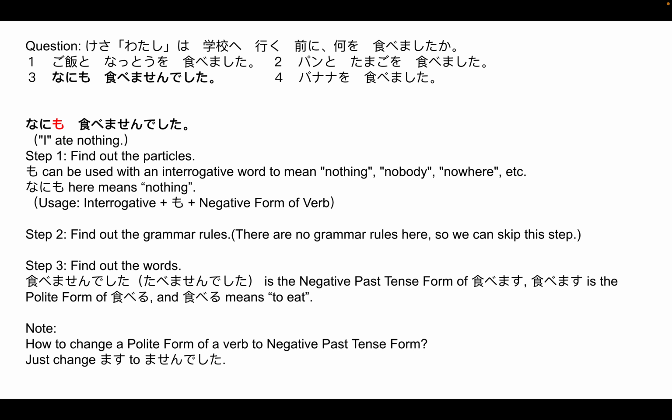何も食べませんでした。I ate nothing. Mo can be used with an interrogative word to mean nothing, nobody, nowhere, etc. Nanimo here means nothing. Find out the grammar rules. Since there are no grammar rules here, we can skip step 2 and step 3. 食べませんでした is the negative past tense form of 食べます。食べます is the polite form of 食べる, and 食べる means to eat.